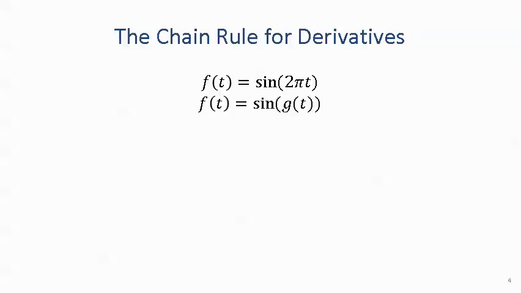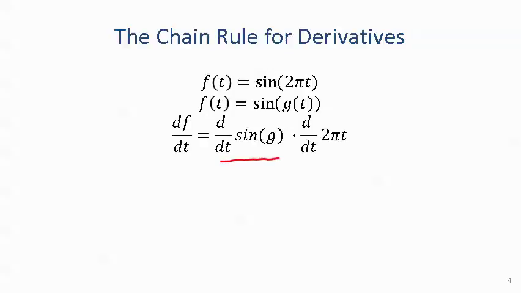So we'll call that sine of g of t, where g of t is equal to 2 pi t. So the process is to take the derivative of the sine first, and then we take the derivative of g of t. So f of t is the sine of g, g of t is 2 pi t, and we'll take the derivatives of each.